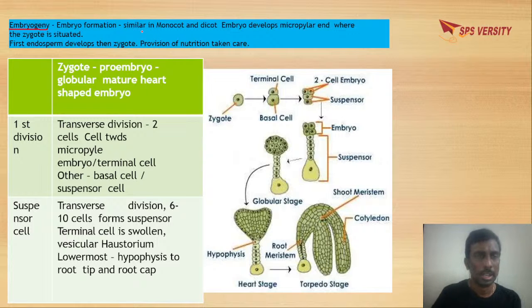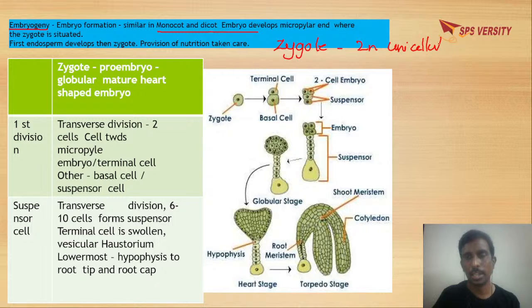Embryo formation is similar in monocot and dicot embryo. First, it starts with the zygote. Zygote is a diploid unicellular structure. So the zygote is a single cell diploid structure.